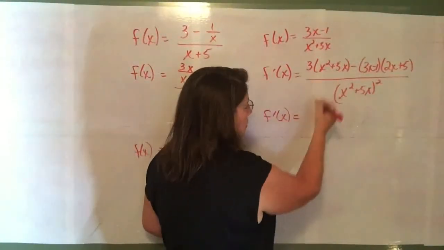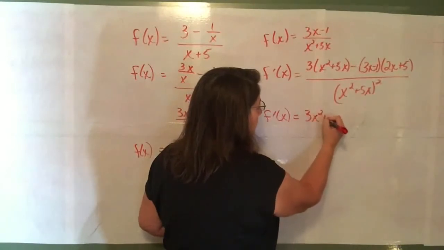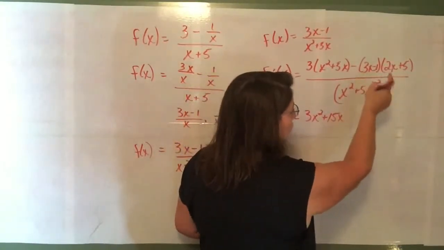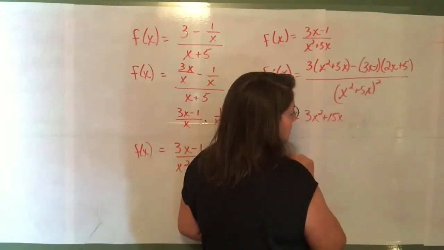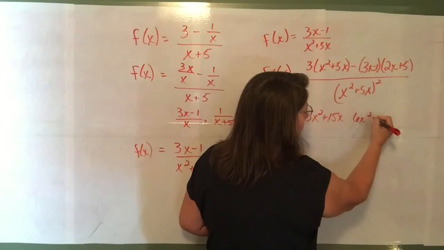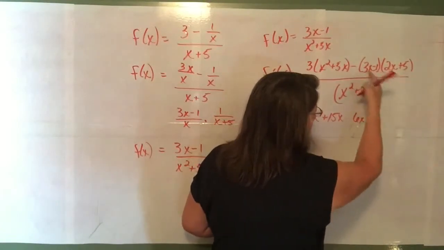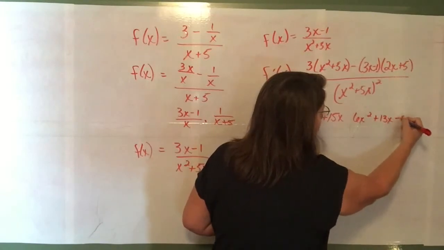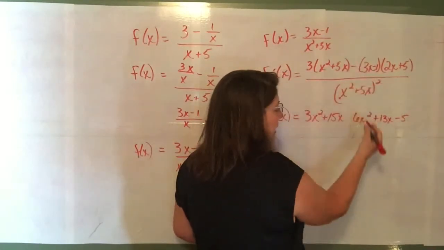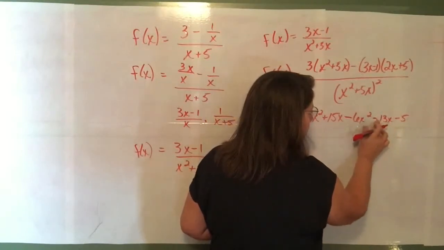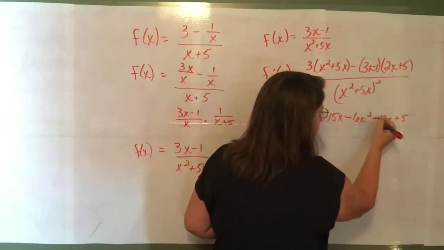So I'm going to distribute the 3, foil this, and when I foil, I'm also going to distribute a minus sign. So when I foil that, I have 6x squared minus 2x plus 15x will be plus 13x minus 5. And then if I distribute the minus sign, this will be a minus 6x squared minus 13x plus 5.